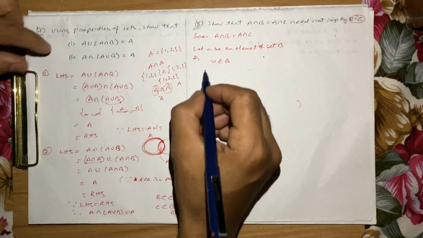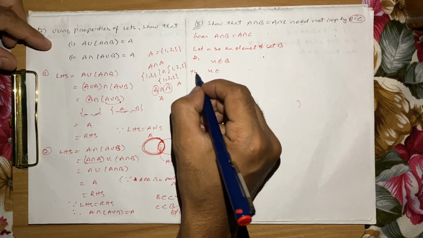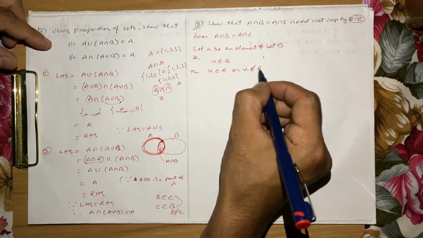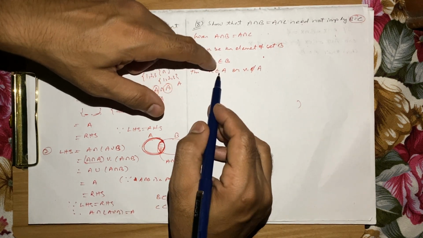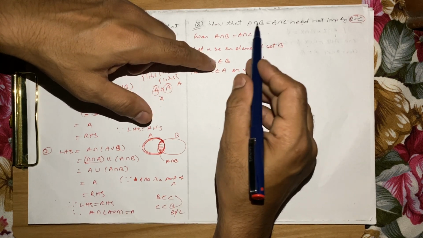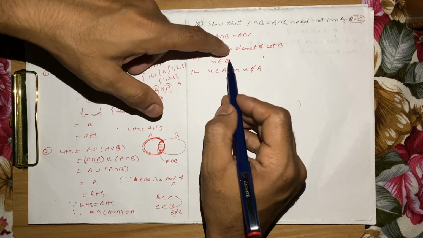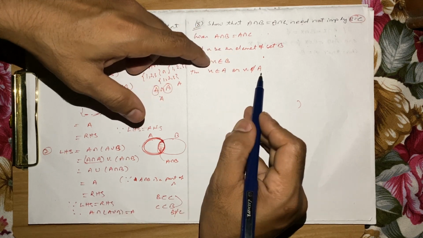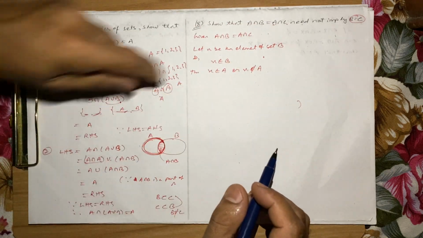X may belong to A or X may not belong to A. Why have I written B and then thought about A, why not C? Here, A has been linked with B and A has been linked with C. So when I'm assuming X to be an element of the set B, I'm thinking about A. Either X belongs to A or it does not belong to A.